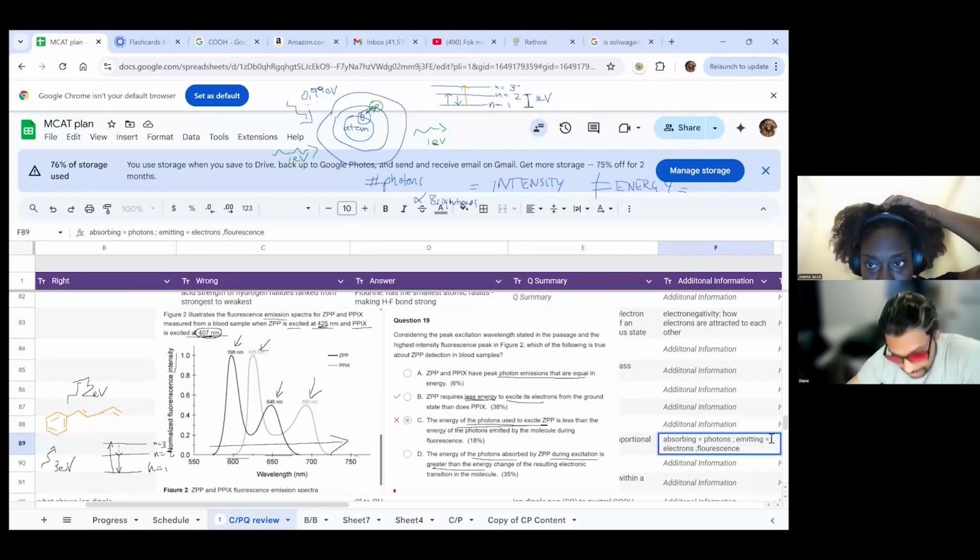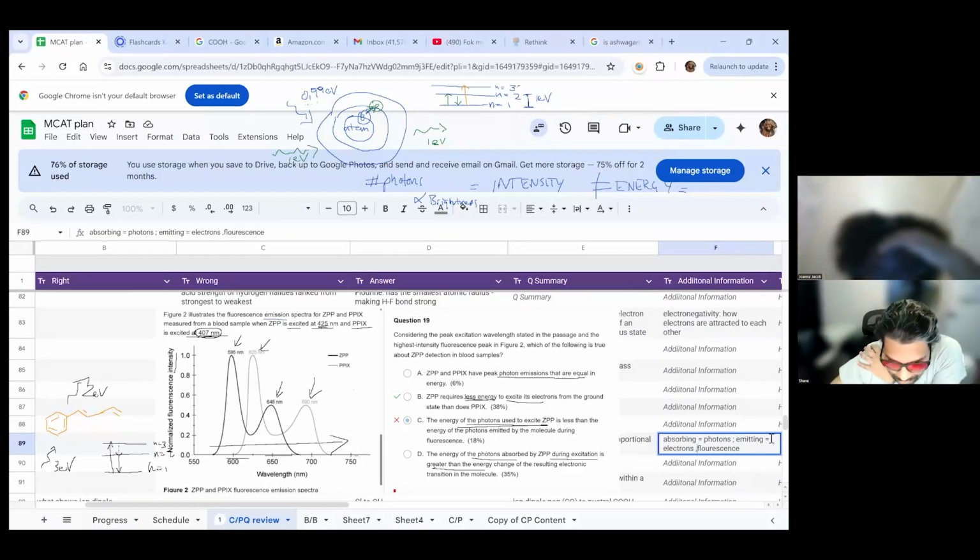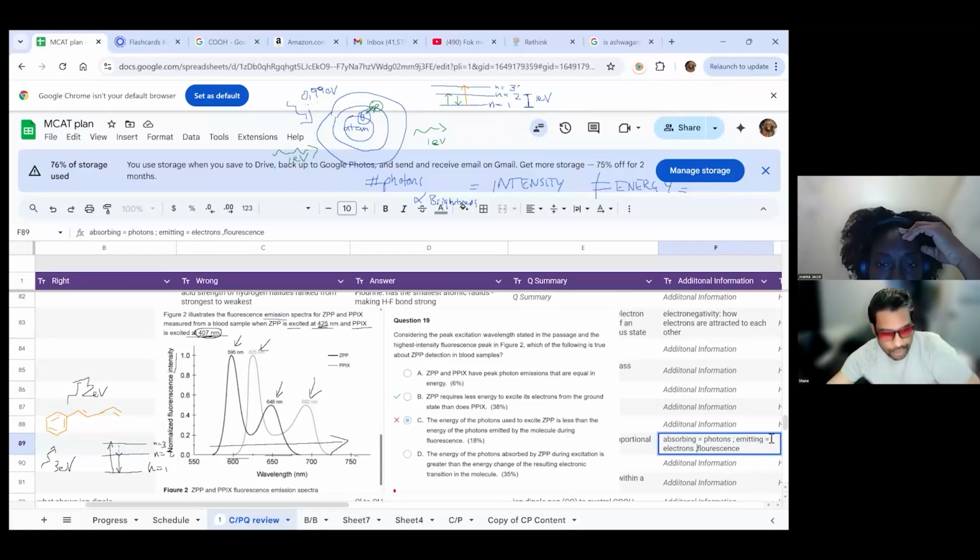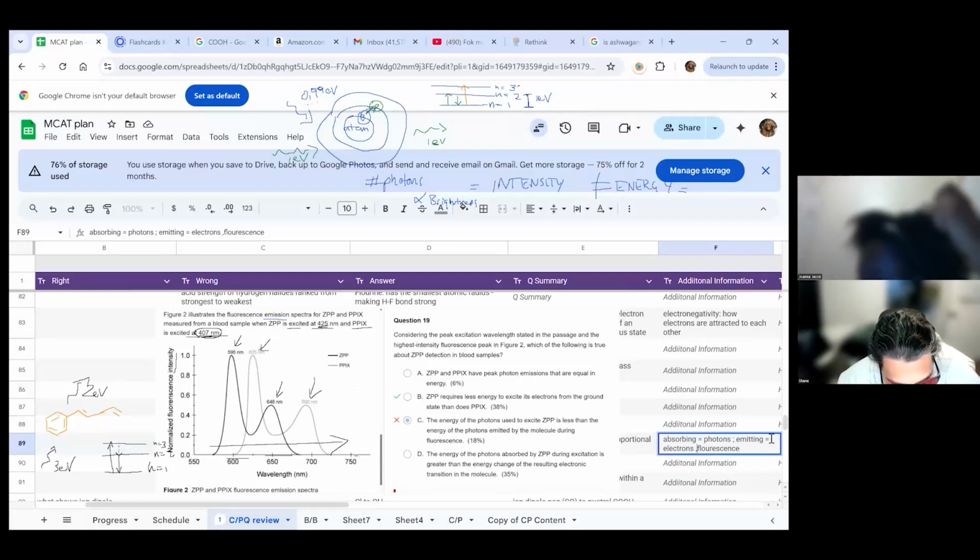So I think it would be good to actually talk about this, because each of these choices is talking about possibly four different things, right? First, we need to see that for the ZPP, if it's excited at 425, the graph shows that it is emitting at 595.